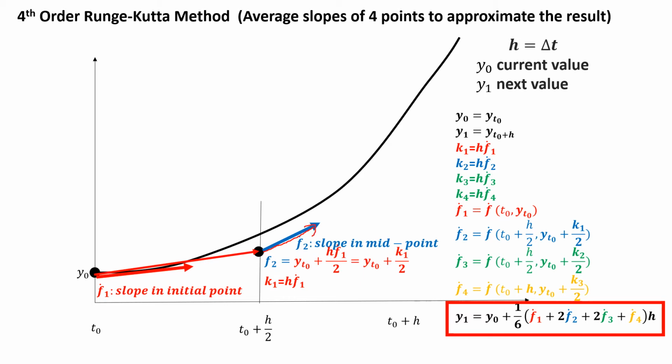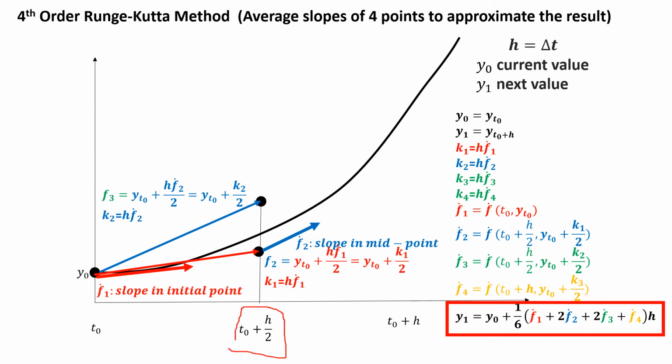And then we will use this slope and also the previous point value y0 to estimate what would happen if I increment the time by half of h, h over 2. What is the point if I use this slope to estimate? Not this slope, this slope.